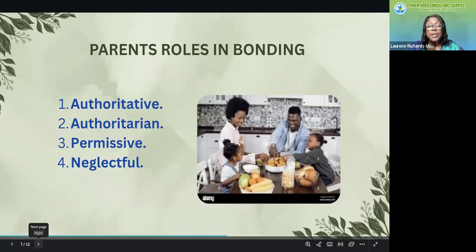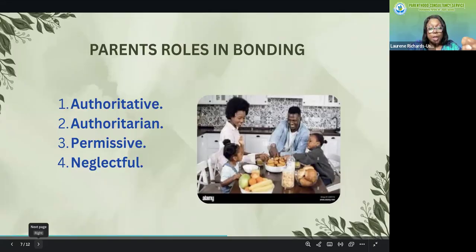So now, as I go through this, I want you to start thinking and reflecting, what type of parenting style are you using with your children in regards to bonding? Then, number two, we have the authoritarian. The authoritarian parenting style is very low in warmth. So they're not actually much of loving parents, and they have high control, very strict.